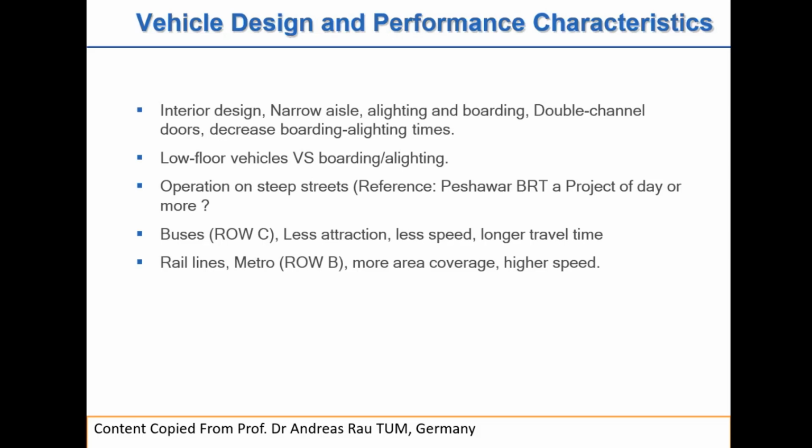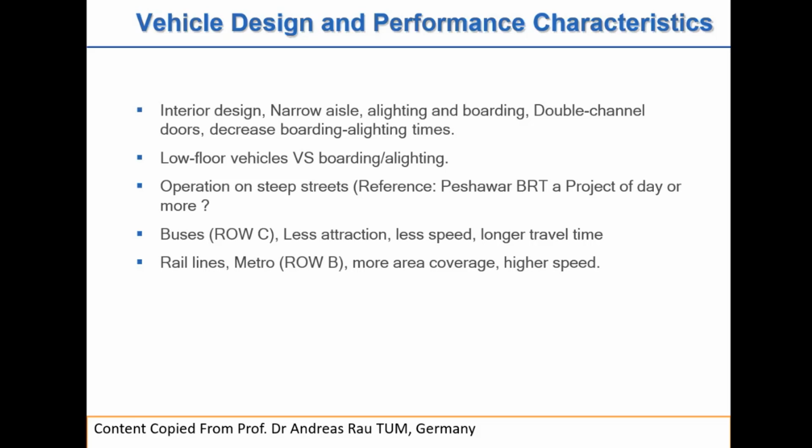As you can see here, the interior design is very important because if the aisle is a bit narrow, we might have an issue in the alighting and boarding of the passengers. The circulation may cause delay and stop if the aisle is narrow and the passenger is a bit heavier and needs to alight and board.